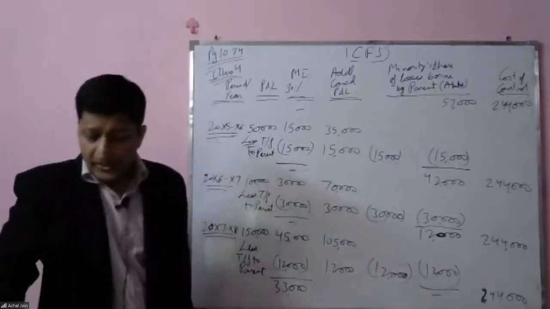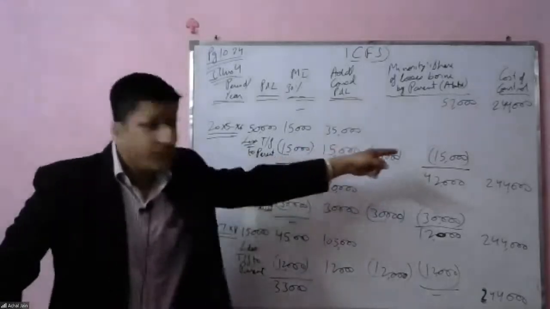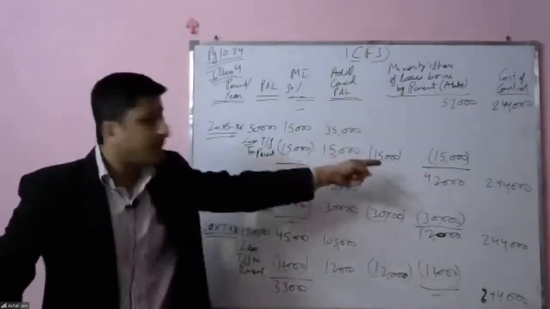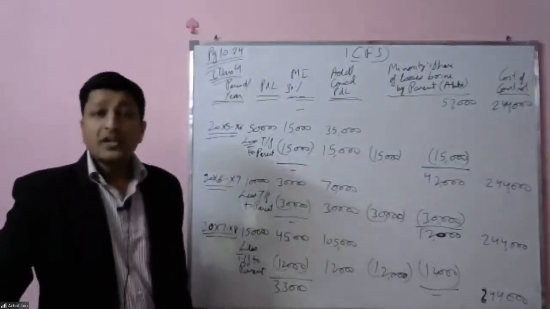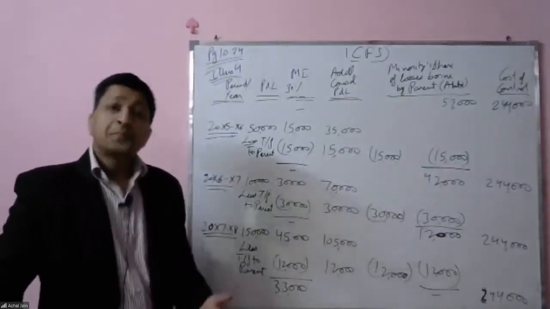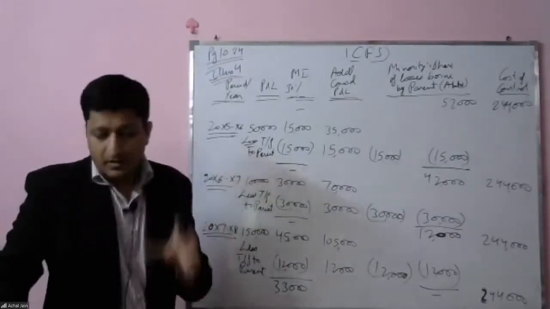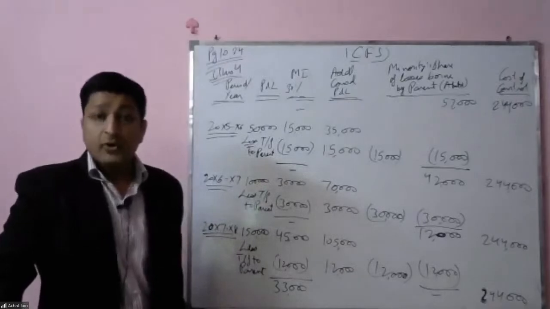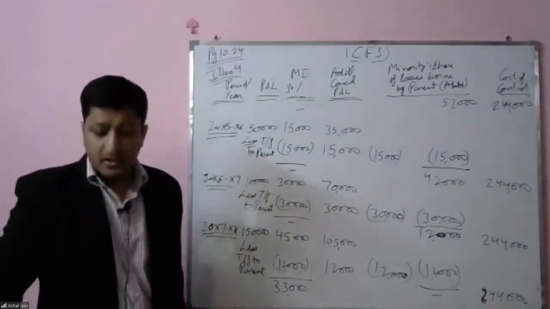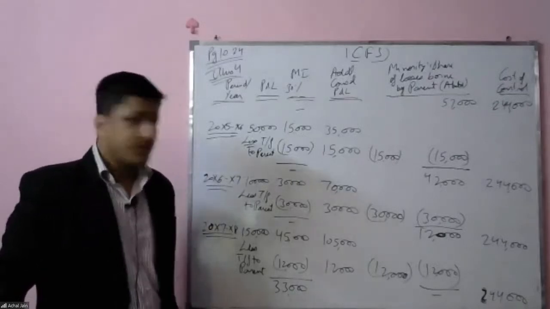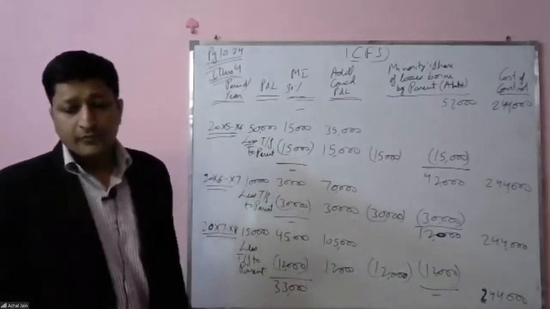All such profits would get allocated to majority. 15,000 got allocated to majority until minority share of losses previously absorbed by the majority has been recovered. Accordingly, minority interests will be computed as follows, which we discussed. All right, all of you clear?